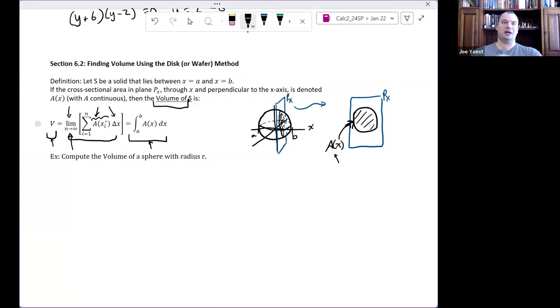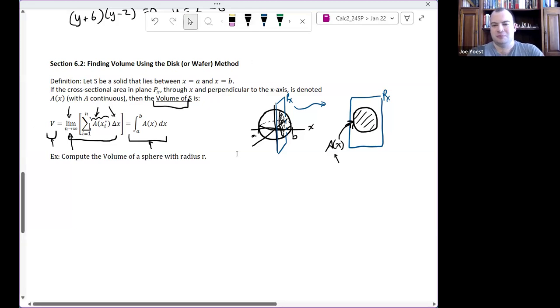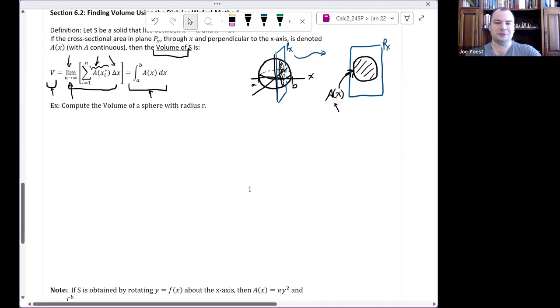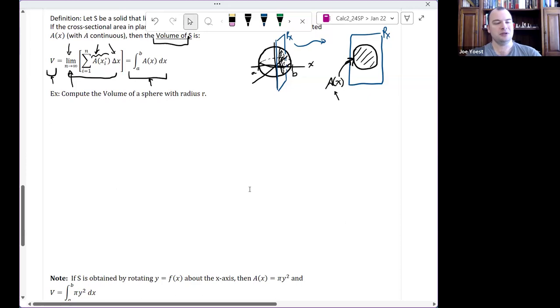And that's also when I pass from that jaggedy approximation to the actual smooth solid. Okay, so hopefully that makes sense. And again, there are some pictures in the book that might help if you didn't follow what I was saying with stacking the wafers up. So let's compute the volume of such a sphere.